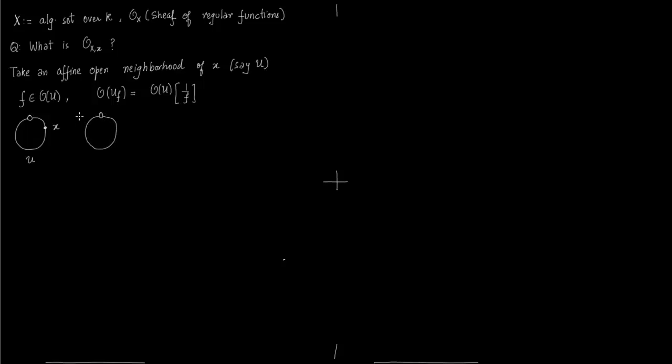Now you have a function f which is in O of U. It cuts at 4 points. So U_f will have these 4 points missing.